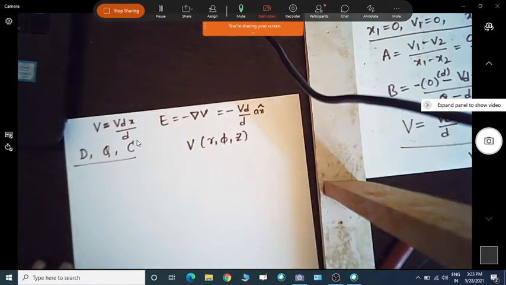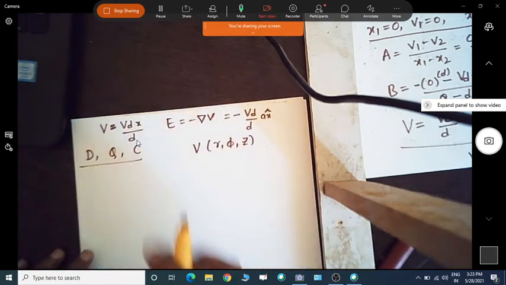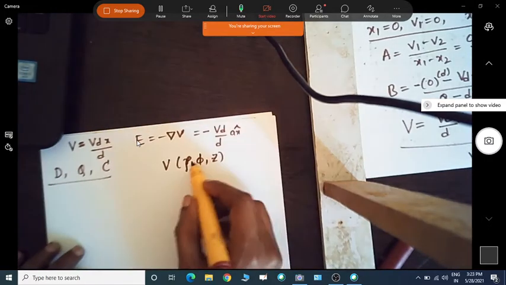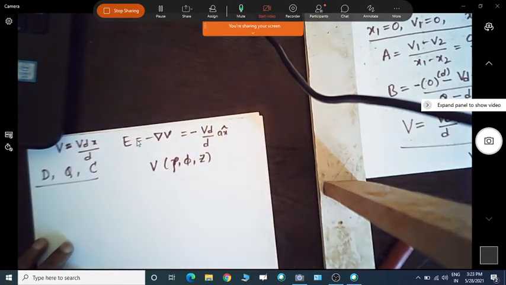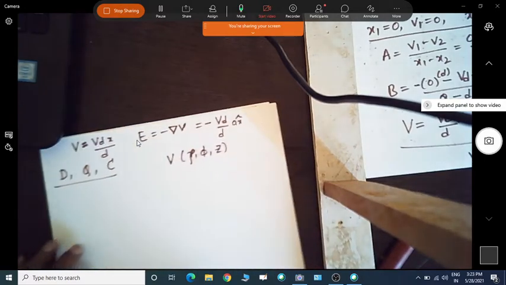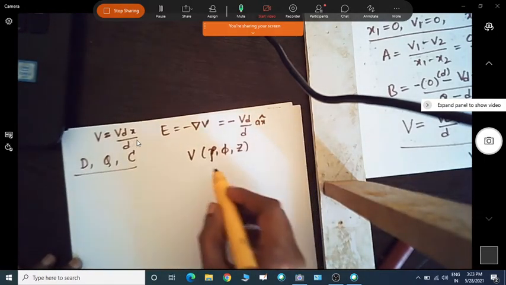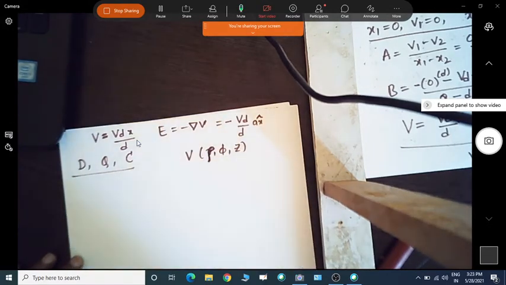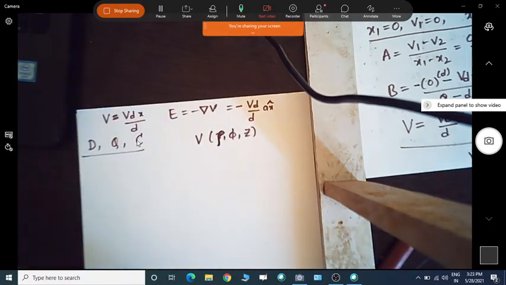Generally we use rho for cylindrical, and r, theta and phi for spherical. We can even take r, phi, z, where r is a radius, but let us take rho, phi, z since we have been using it from the beginning.